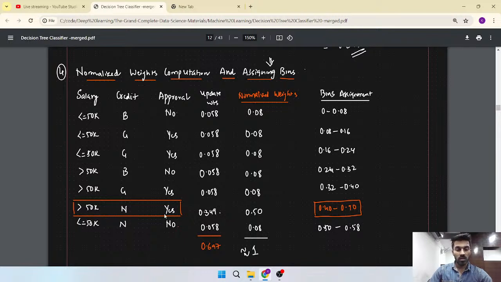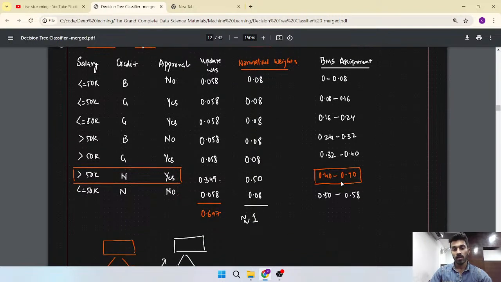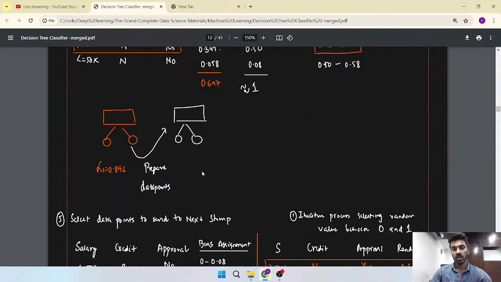So the chance of giving this wrongly classified data to the second model is very high, because of the 50% probability, like 50% of the time you are giving this data to your second model. That's how we are giving higher weightage to this wrongly classified data.